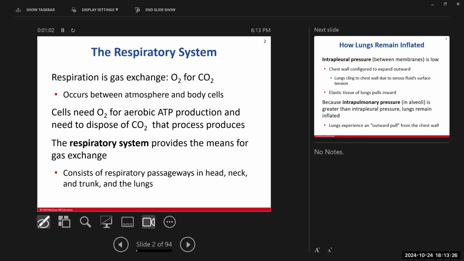All right, so basically, here is what we're looking at for the respiratory system. It's an exchange process. You're essentially going to be breathing air in, and you're going to be trading out carbon dioxide and oxygen.